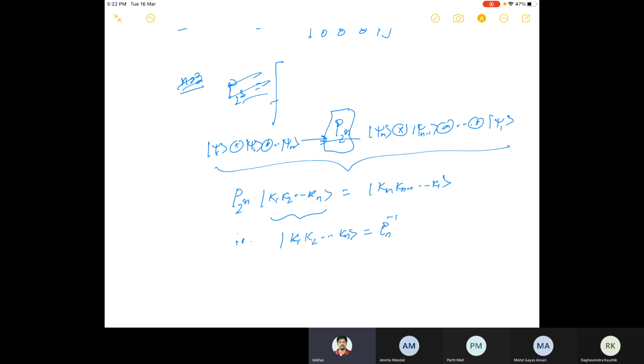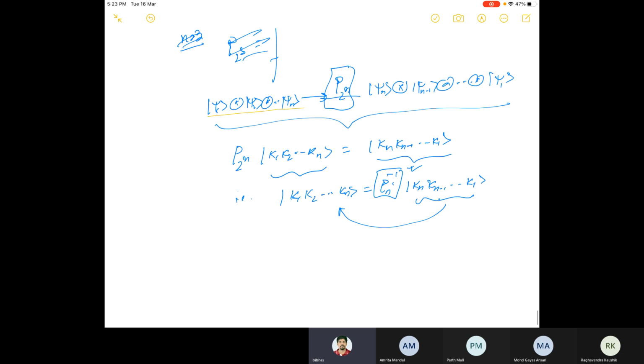This is just a vector of dimension 2 to the power n. So P inverse applied to k1 k2 dot kn should equal kn, kn minus 1, dot, k1. So P inverse should also reverse the order, and Pn inverse does the same job as P to the power n, and it is unique.